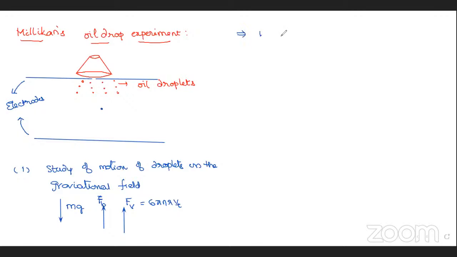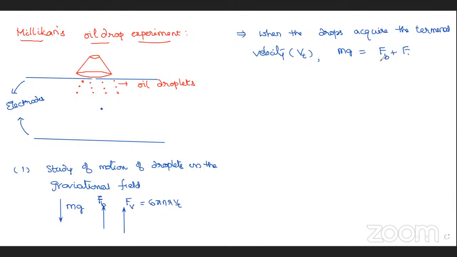So when the drops acquire the terminal velocity Vt, the downward force mg is equal to the upward forces Fb plus Fv. mg minus Fb, all of you know, that is mg into 1 minus 1 by sigma.